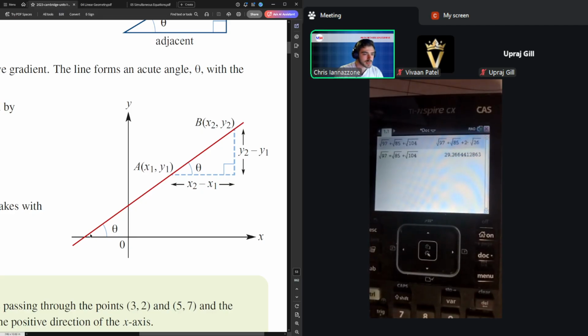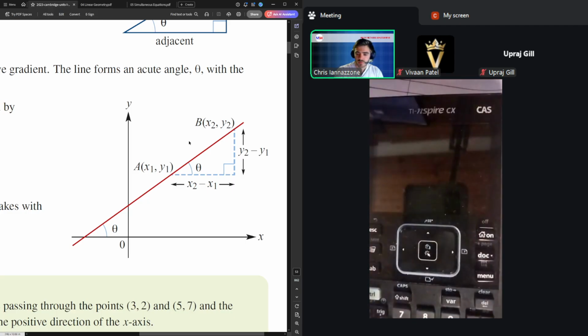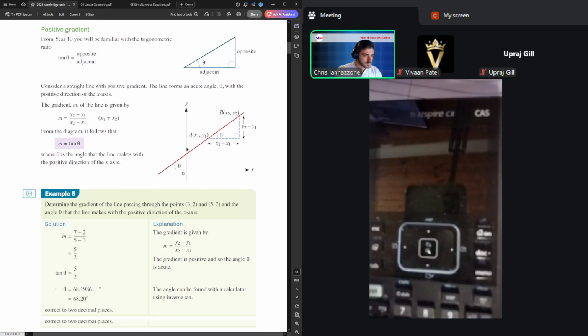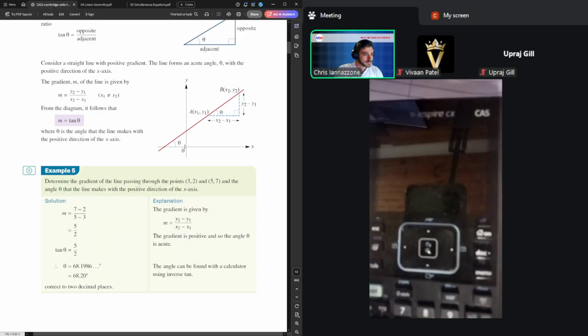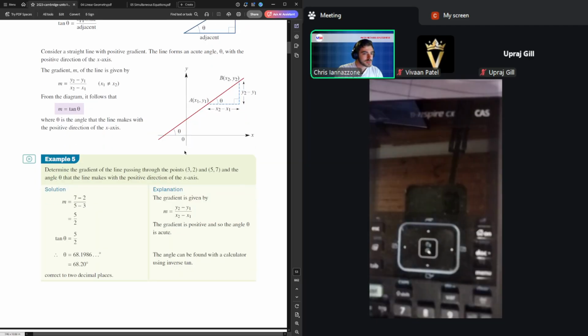You could also take it from here. It's the exact same angle. And the angle is in the anti-clockwise direction from there. So if we think about a circle that was situated on the axes, then we're going in the anti-clockwise direction. So yes, if you have the angle, you can just plug it directly into tan theta and you get your gradient.